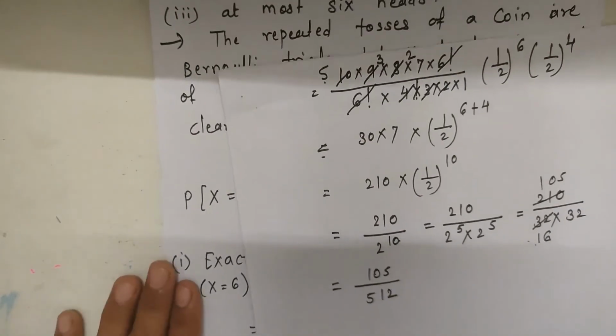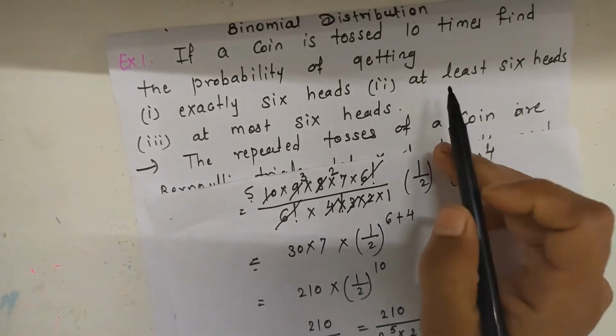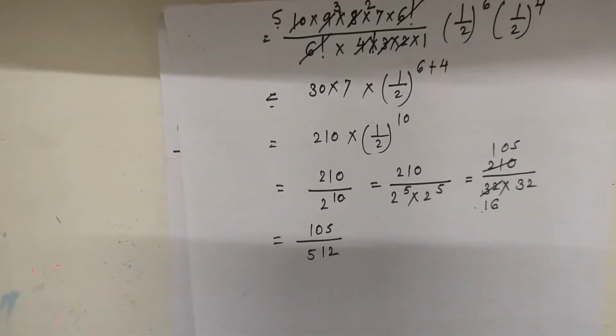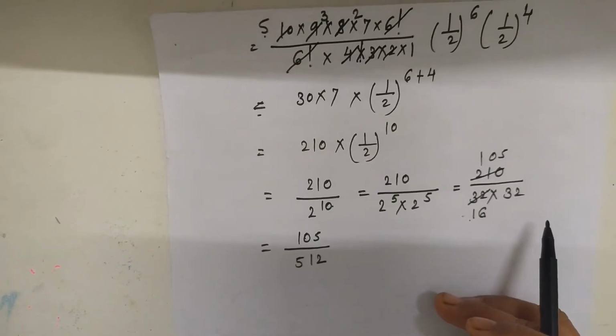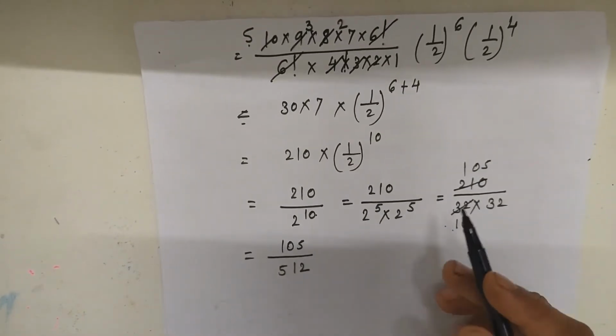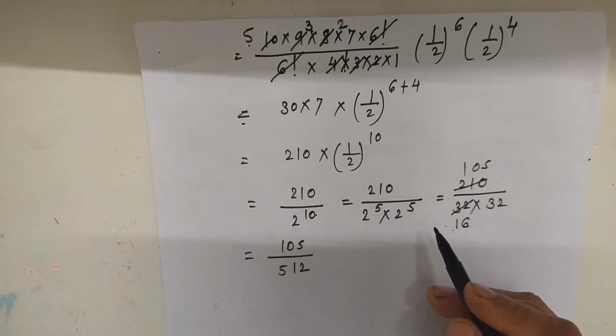Now the second question is, find the probability of at least 6 heads. At least means greater than or equal to, the minimum value is 6, and at least 6 heads can be written as x greater than or equal to 6.